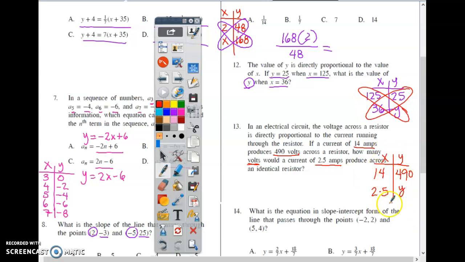So I got this table from what they gave me. So you guys need to multiply and divide. Okay, and that'll give you the number.